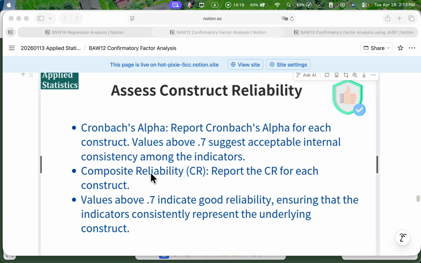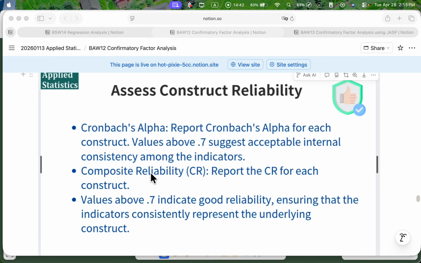Composite reliability, CR. And that's the one. What about the other? Cronbach alpha. Okay, but if we want to report Cronbach alpha, you just run the unidimensional reliability.